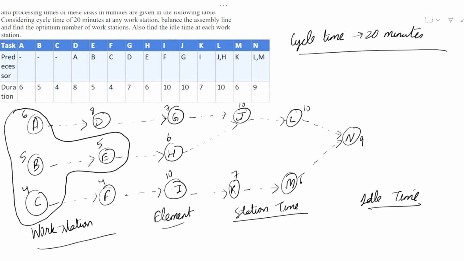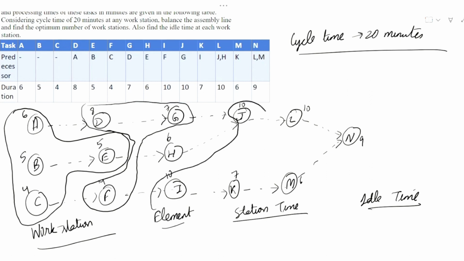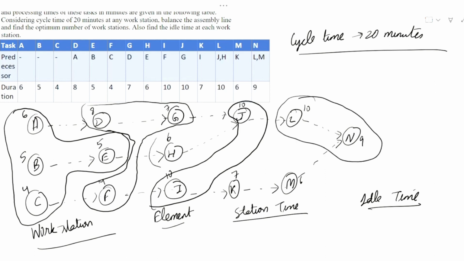Next workstation is D, G, F. Next workstation is I and J. One more workstation, we have four workstations: K, M, H. And the last is L and N. So this is workstation 1, 2, 3, 4, 5.